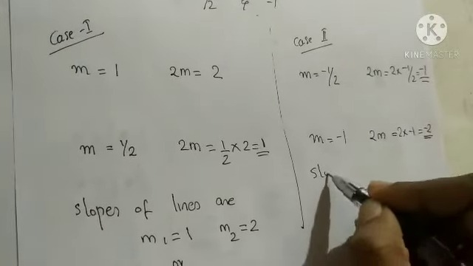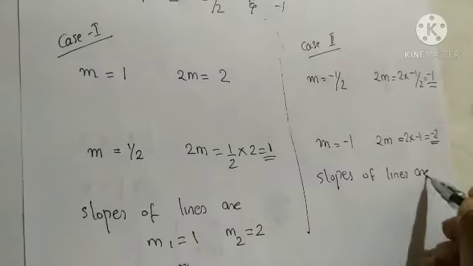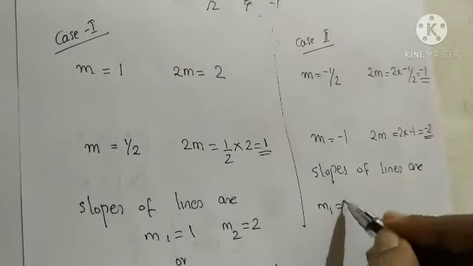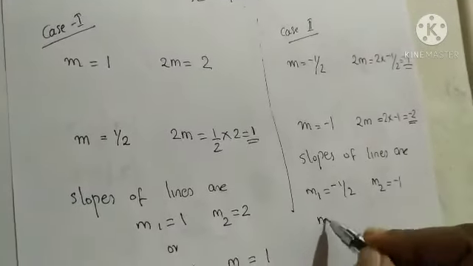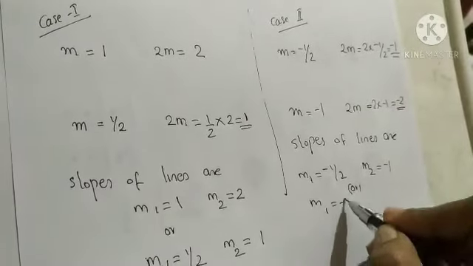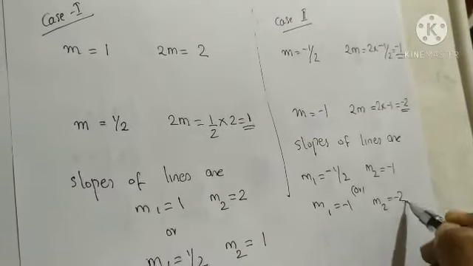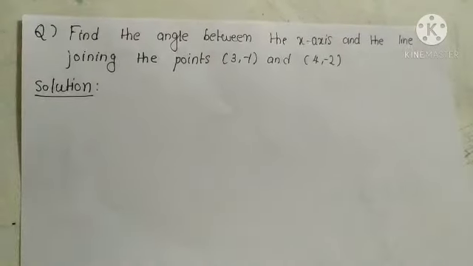So in case 2, the slopes of the lines are: at m1 equal to minus 1 by 2, m2 will be minus 1, and at m1 equal to minus 1, m2 will be minus 2. Okay, I hope you understood this question.